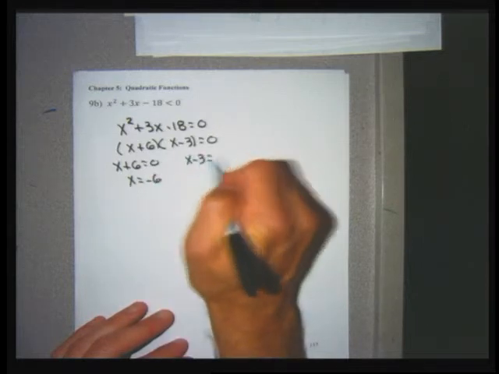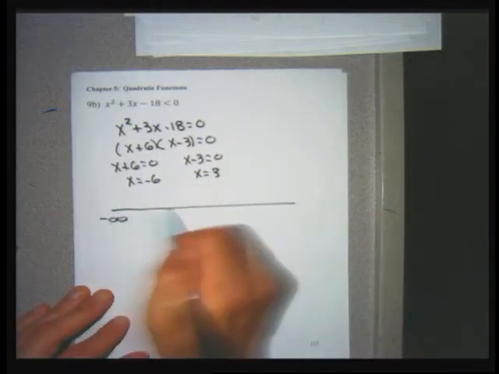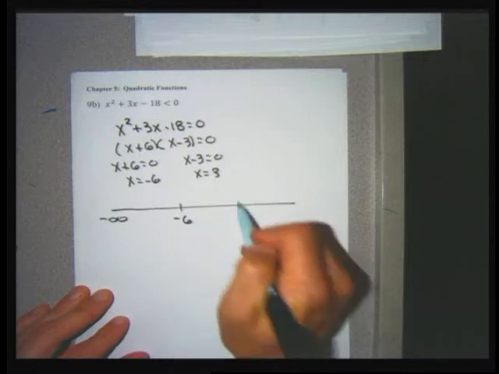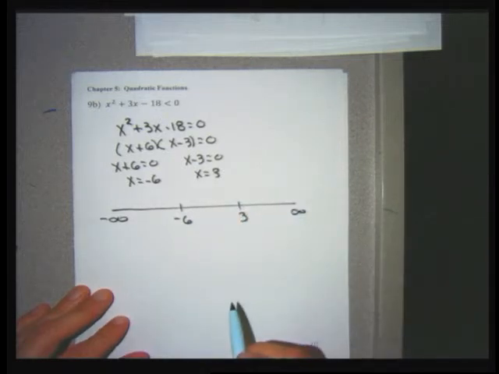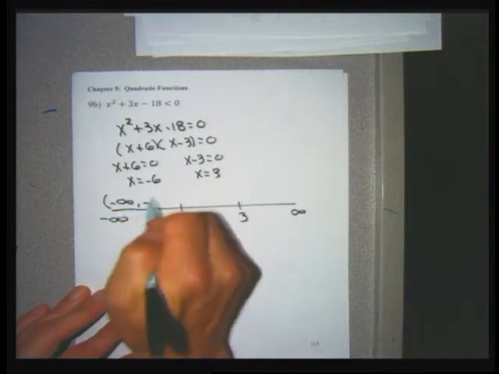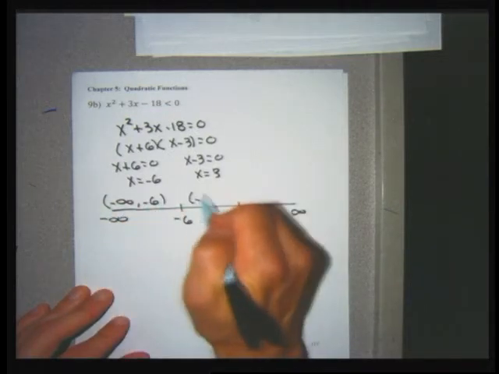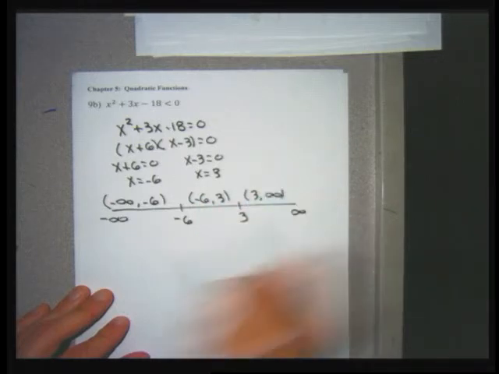X minus 3 equal to 0 gives x equal to 3. Make my number line negative infinity, negative 6, positive 3, positive infinity, no or equal to, so all round brackets: negative infinity to negative 6, negative 6 to 3, 3 to infinity.